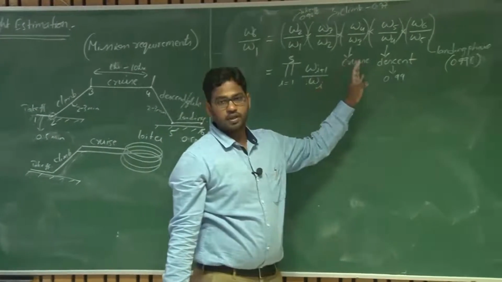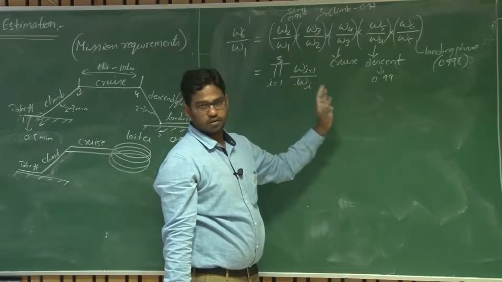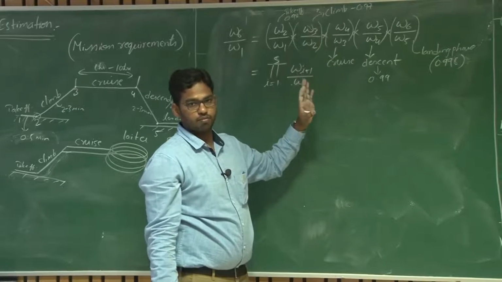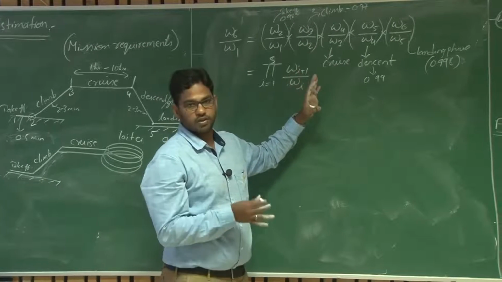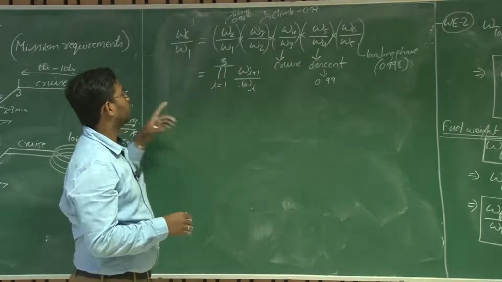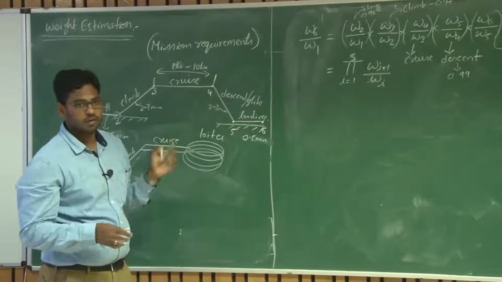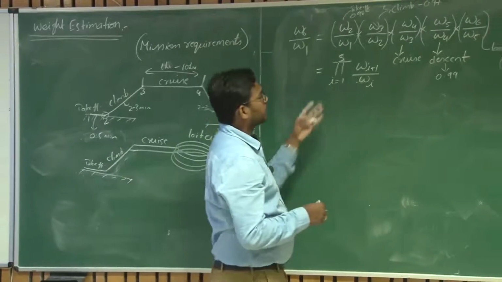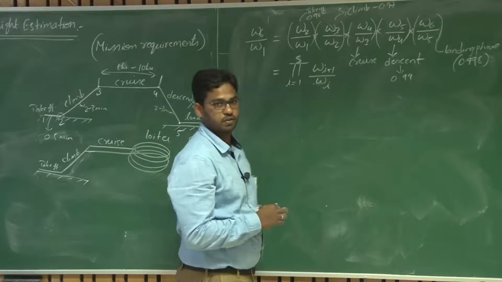So the fuel weight ratio of your new design will majorly differ from the previous design because of this cruise and loiter phase, this W4 by W3 phase, right. Now how to figure out this W4 by W3 phase?